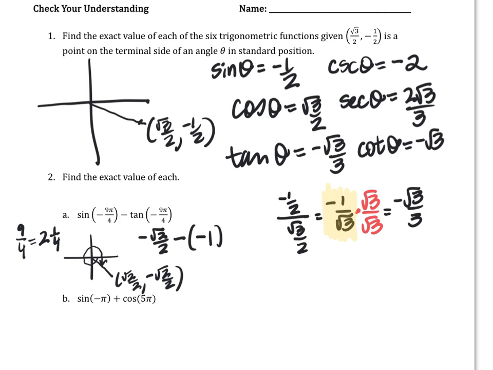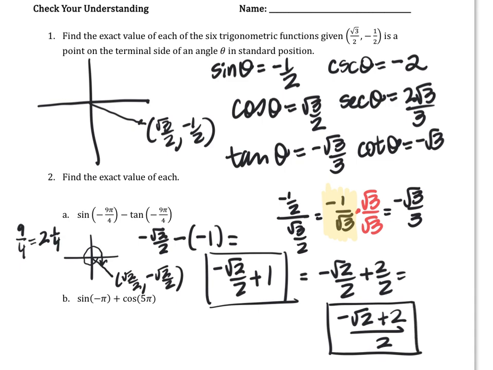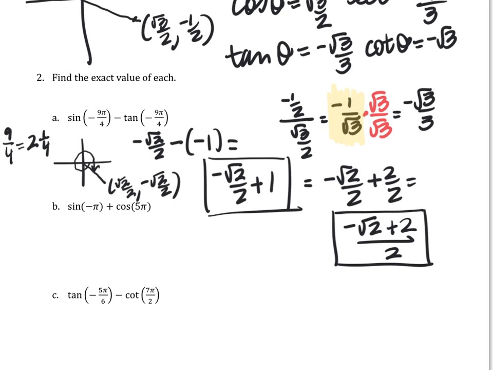So we could leave this as negative square root of 2 over 2 plus 1. This is one way you can write your answer. However, if we add this together with a common denominator, that would be negative square root of 2 over 2 plus 2 over 2, and we'd write that as negative square root of 2 plus 2 over 2. Either one of these would be fine. They're the same thing.